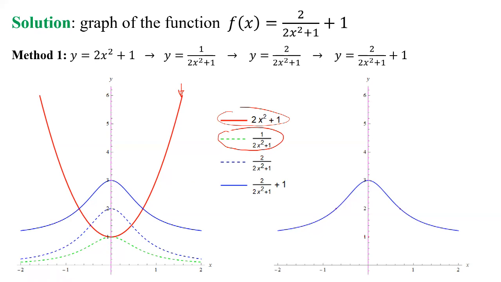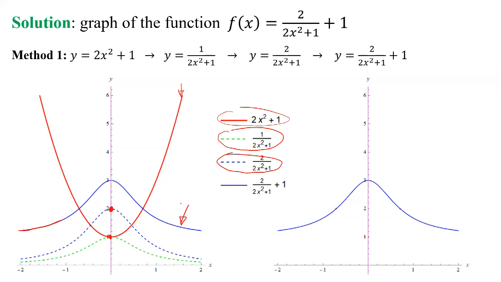And then we vertically stretch the dotted blue graph by a factor of 2. So the vertex here is stretched here to 2, right? But the overall shape is similar to the dotted green line. Okay, next we translate the dotted blue line up by 1 unit, which will get you the solid green line here. This is actually the graph we are looking for, right?